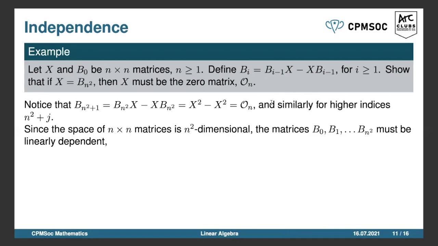And we're going to use the fact that the set of n by n matrices is actually a vector space, an n squared dimensional vector space. We're going to use this to make a linear dependence argument to show that, if this property holds, then because every matrix after this is also 0, this X here has to be 0.